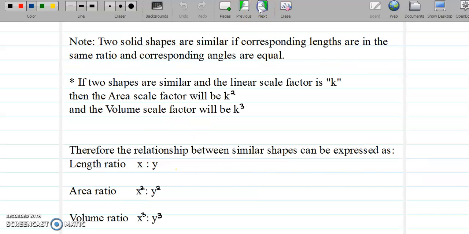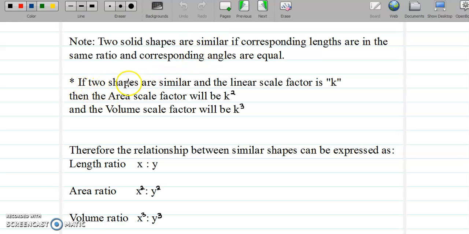Okay, now we have to note this, that two solid shapes are similar if corresponding lengths are in the same ratio and corresponding angles are equal. We did this last time we were talking about similar shapes.